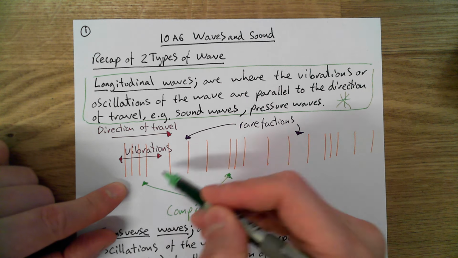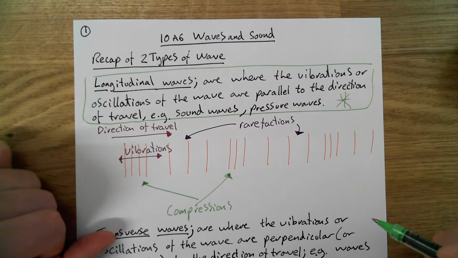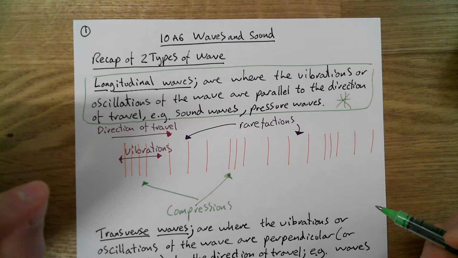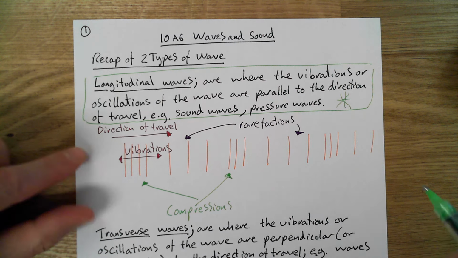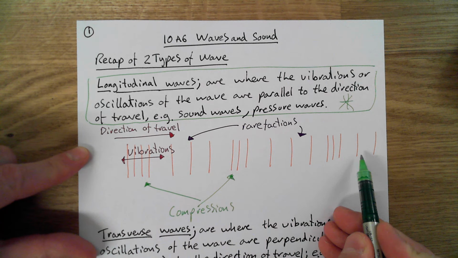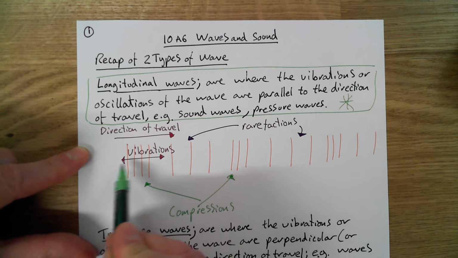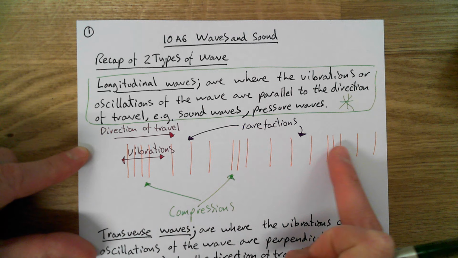So we've got these little orange vertical lines, and they represent particles in the material where the wave is traveling. Okay, so there's my arrow. Direction of wave is from left to right. And what we're showing here is the vibrations themselves are going from left to right as the wave travels along.